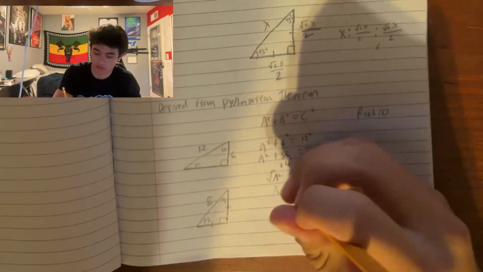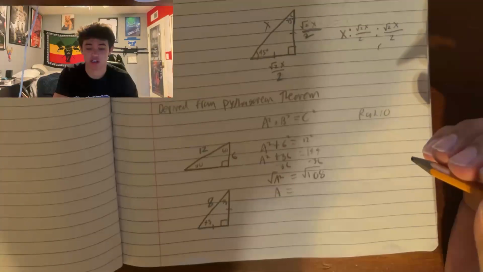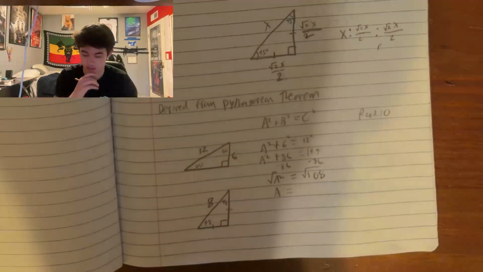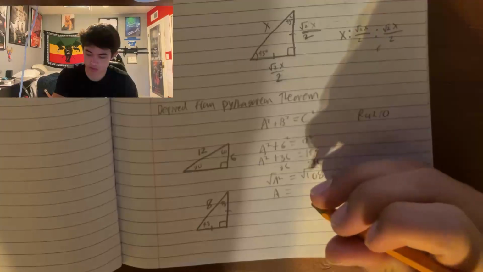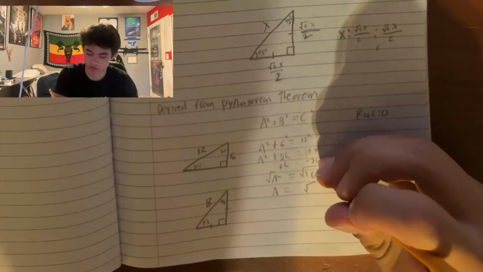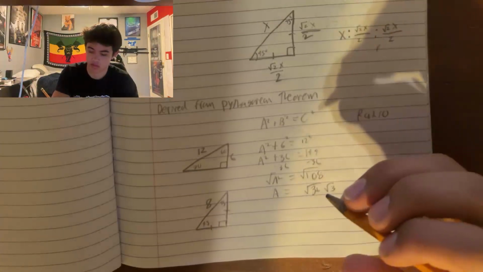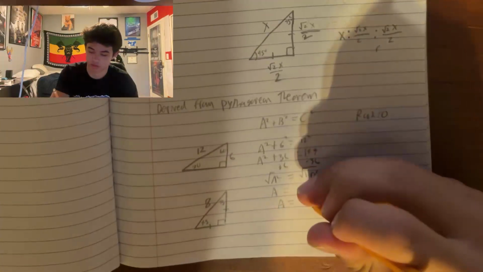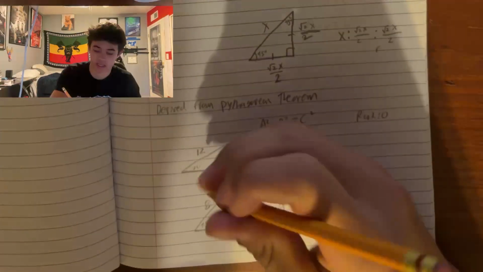So a would be equal to the square root of 36 times square root of 3. So a would equal 6 times square root 3. So that's how you find a.